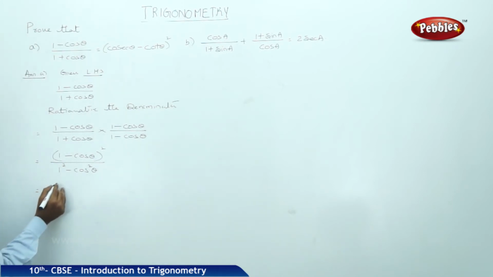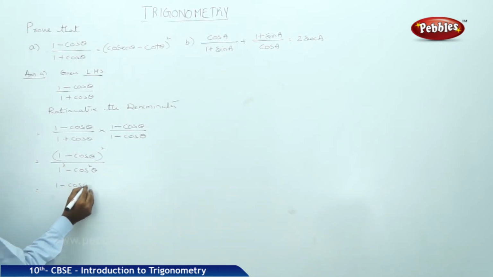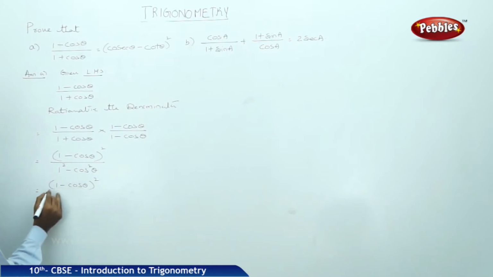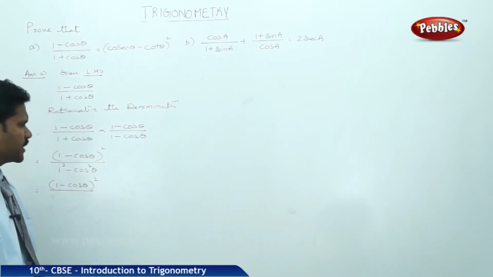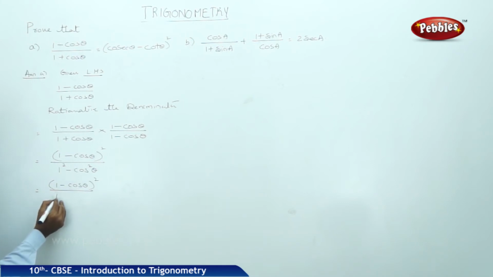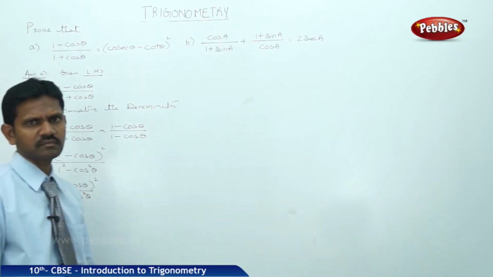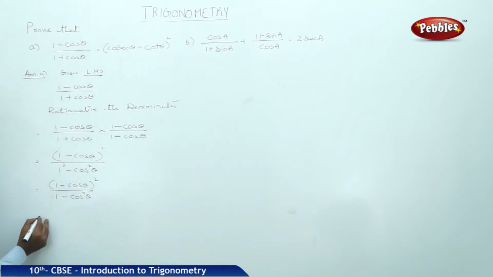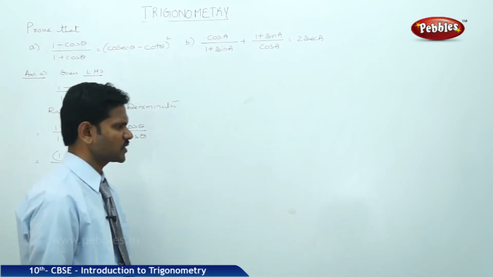That is 1 minus cos theta whole square by denominator 1 square minus cos square theta, that is equal to 1 minus cos theta whole square by, formula, sin square theta.